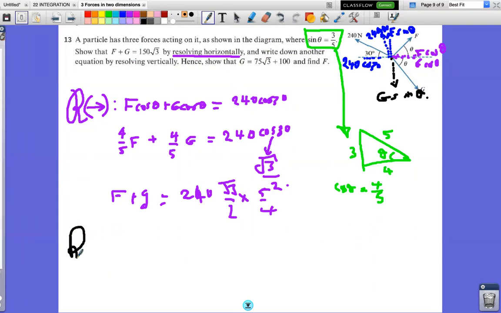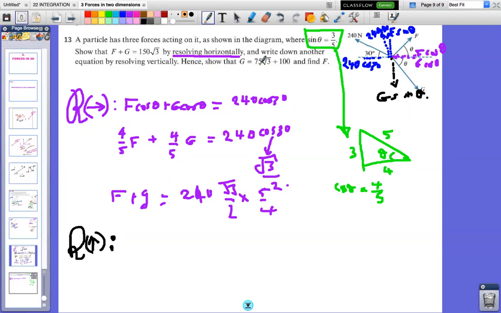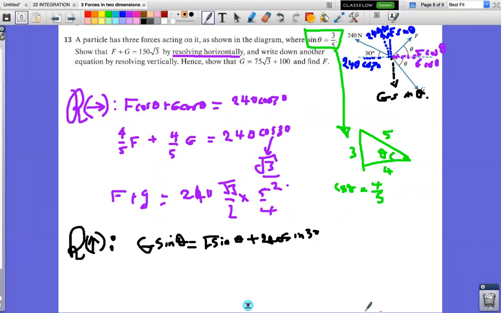So resolve vertically, we will get G sine theta should be equal to F sine theta plus 240 sine 30. So that is the equation. You can simplify it. Okay.